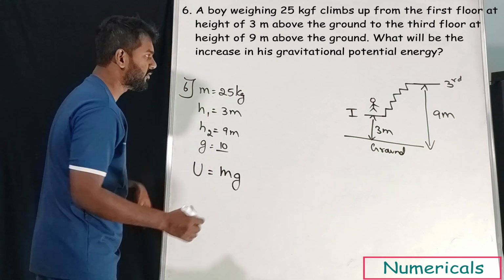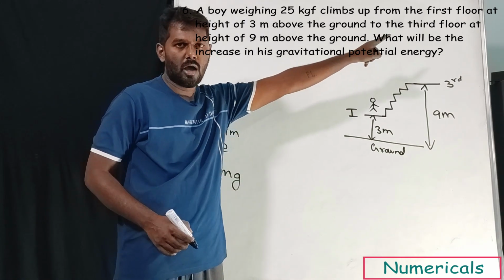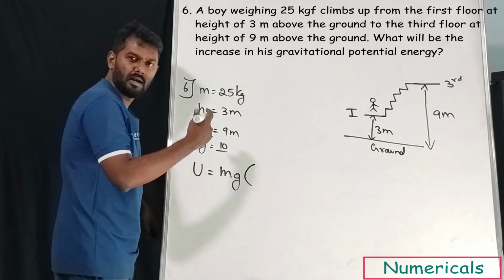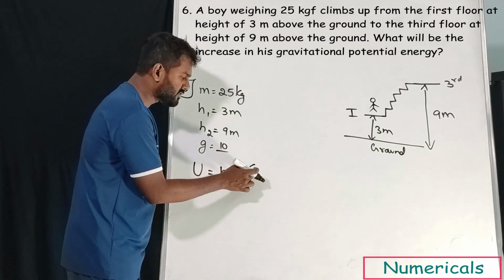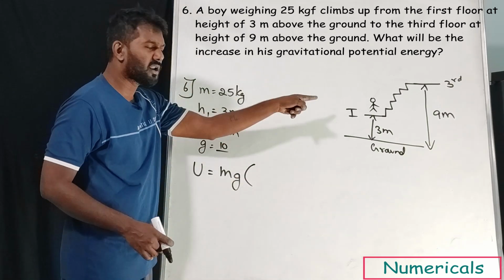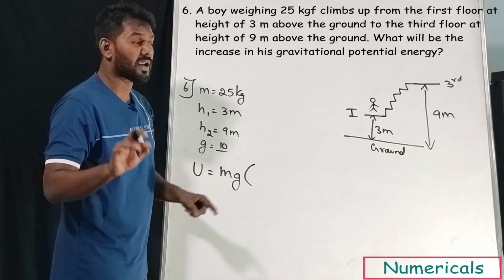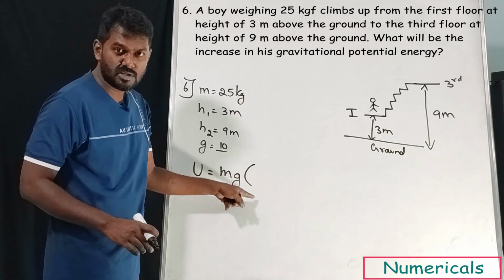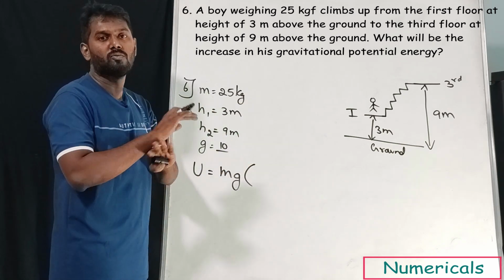In both the cases, if he is standing here or there, mass and gravity remain same. The only difference will be height. So which one do I have to write first, 9 meter or 3 meter? We have to always write 9 meter. Why? Because 9 is greater than 3. If we take 3 first, we will get the answer as negative. We don't want that.